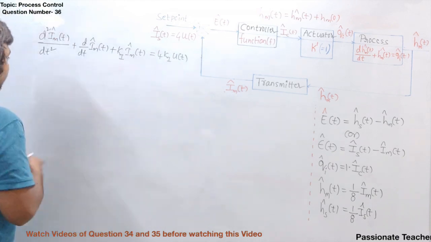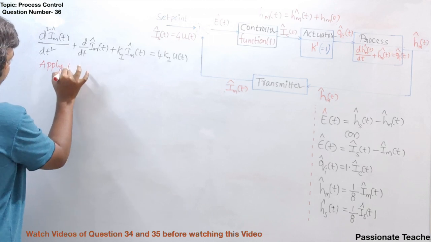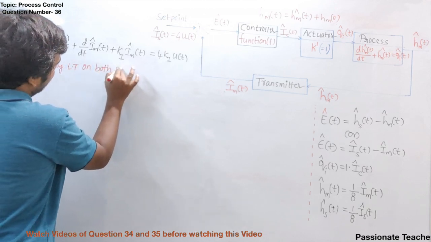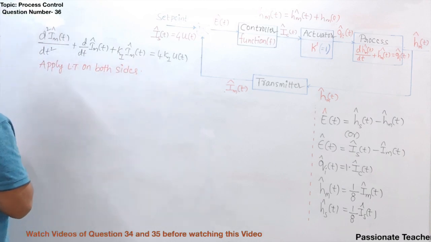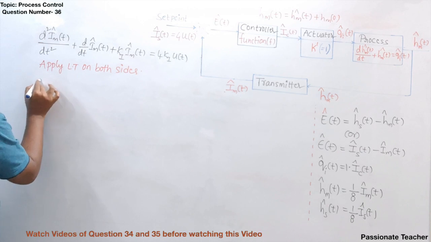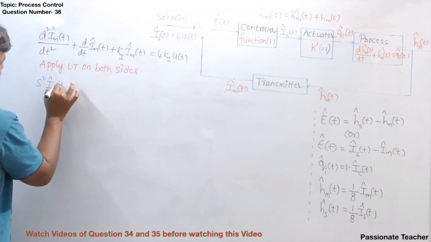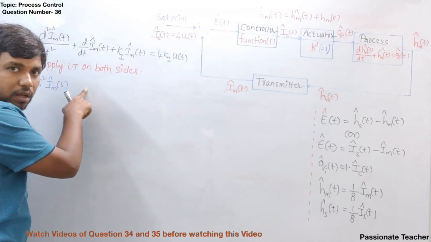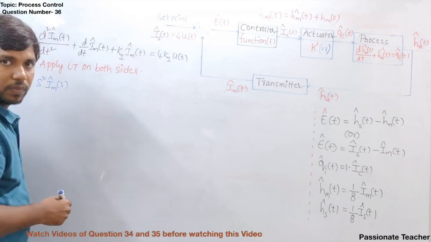Now if you apply Laplace transform on both sides, let's see what will happen. If you apply Laplace transform on both sides, it looks like this. That is, this is going to become s square into Im cap of s, minus the initial condition, but the initial value of Im cap of 0 is 0, right?